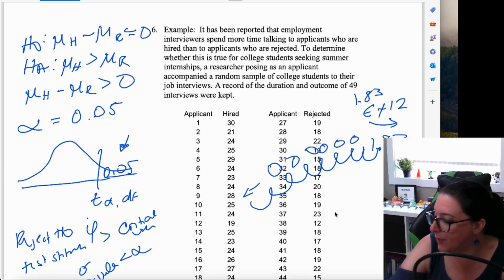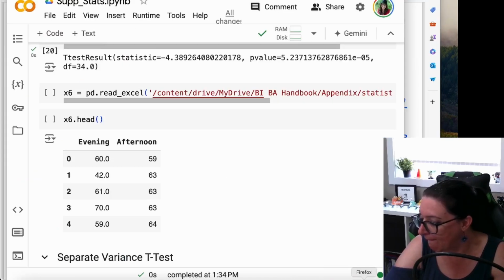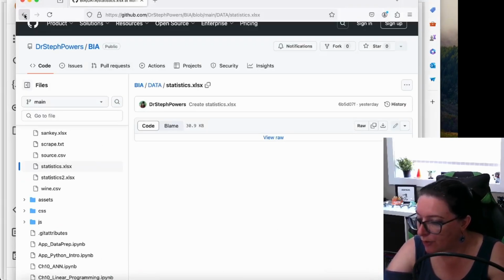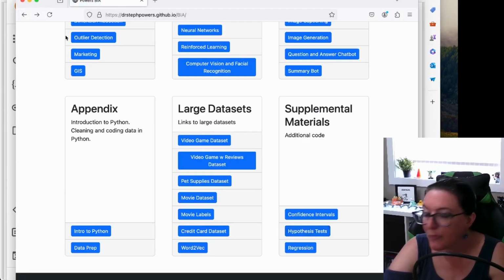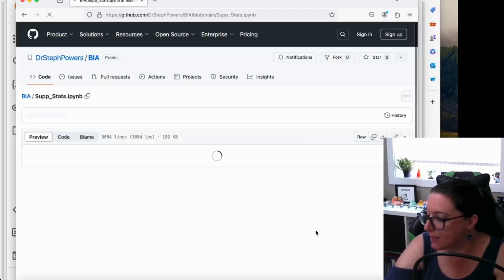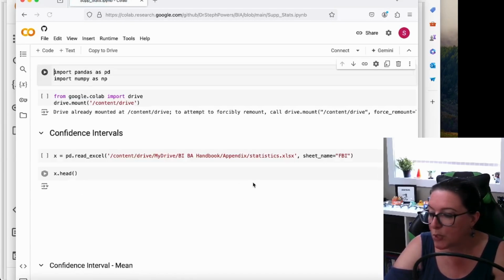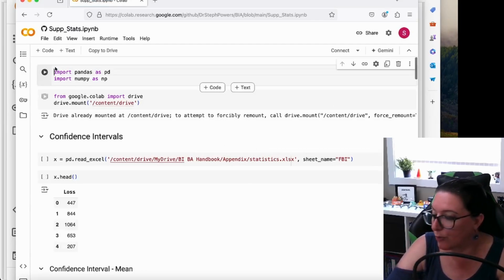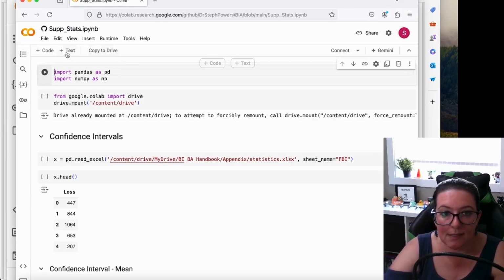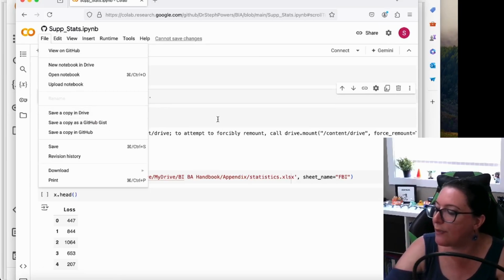We can also do this in Python, so let's go about doing that. And just to remind you, for what will become the millionth time, you can work through these workbooks at drstephpowers.github.io/BIA. Go to hypothesis test under supplemental material, open it in Google Colab, which will open it in your Google Drive, log in, save a copy so that you can edit it, save a copy in your drive.